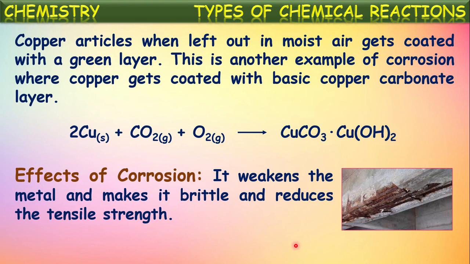We often observe in buildings that certain metallic rods are rusted. They spoil the entire building construction, because by corrosion these metallic rods are weakened and their tensile strength is reduced. They become brittle and may break very easily. So that is a bad effect of corrosion.